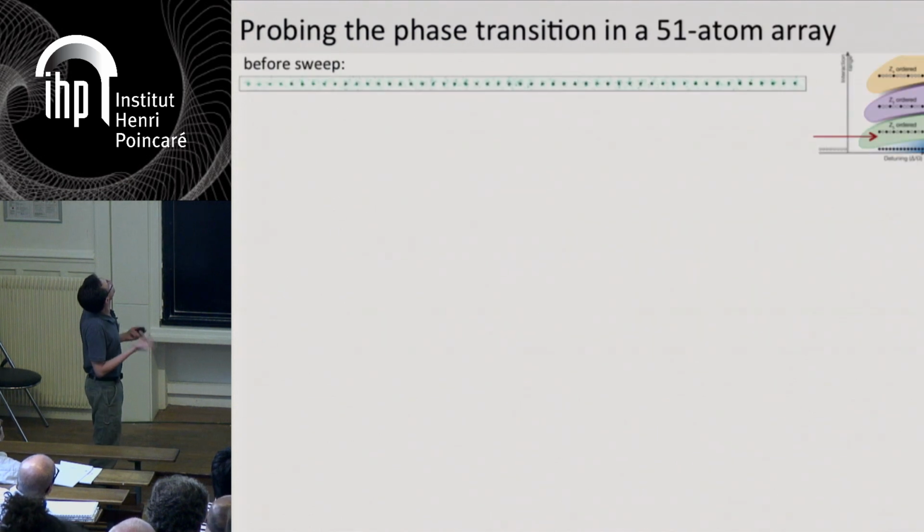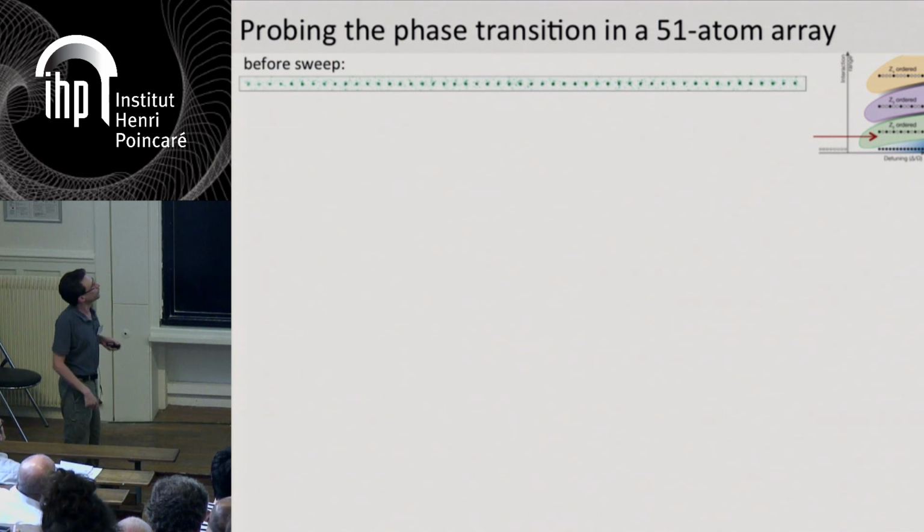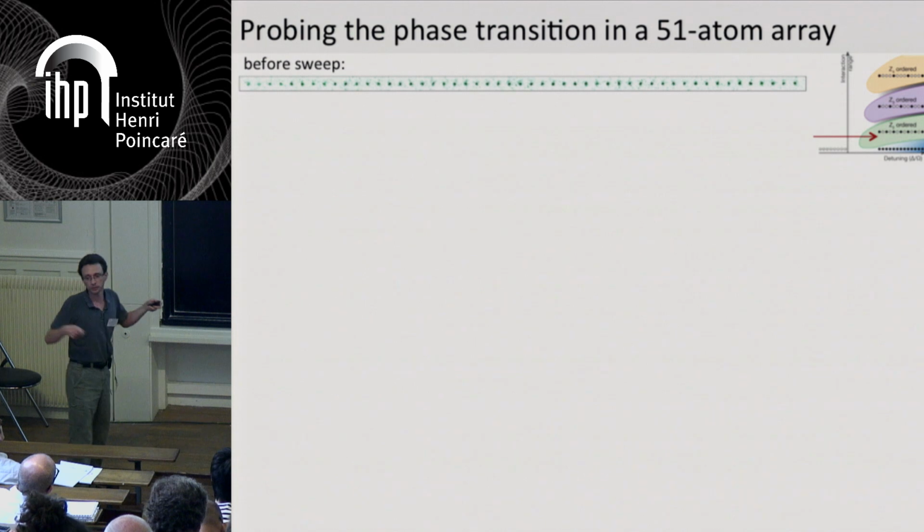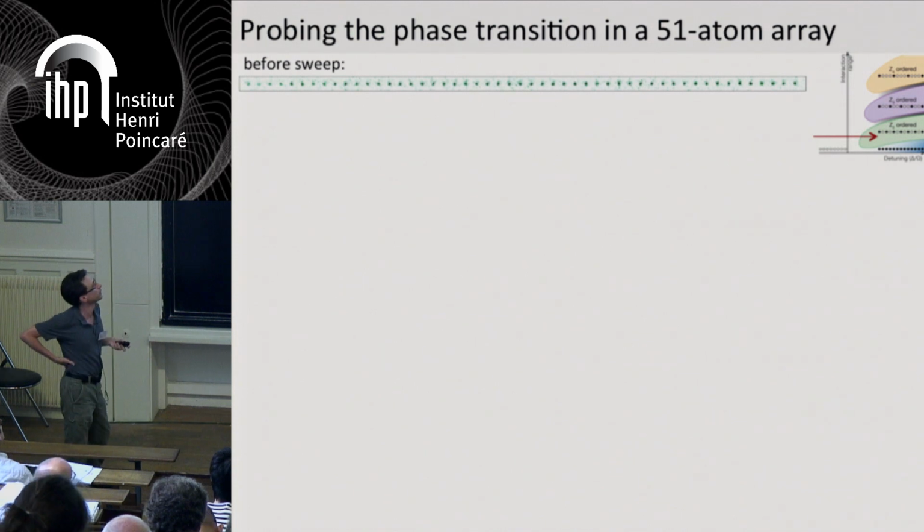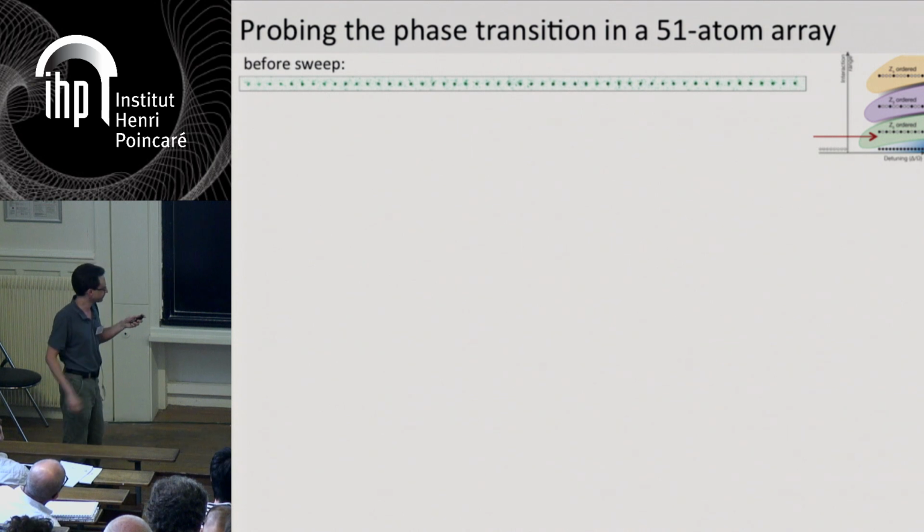All right, so now the next question is, how good are we at preparing these ordered states of this phase diagram? For this, we now concentrate on sweeps into the Z2 order with the largest possible size that we have experimented with so far, which is a 51-atom array.